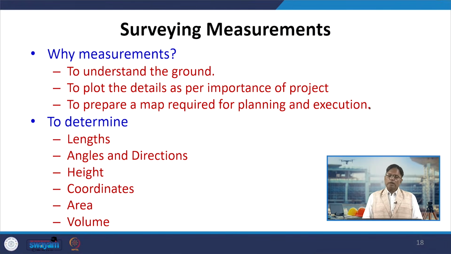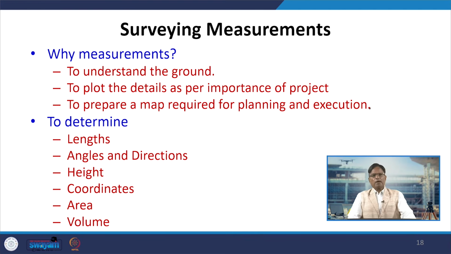Now, surveying measurements are done to understand the ground. We understand the undulations in the ground, we understand what different features are present in the ground, we understand the extent, the limit of the ground. We understand if there is any obstruction when we carry out the survey of the ground. And we plot all the natural and cultural features which are present in the area depending upon the importance and requirement of the project.